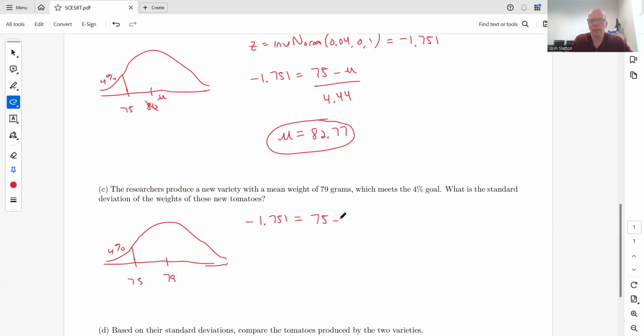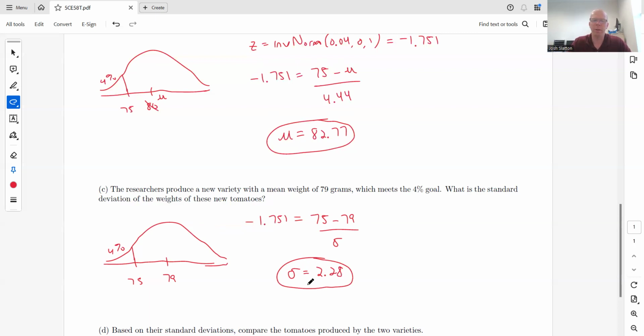So 75 minus 79 over the standard deviation, solve for sigma, and we get that sigma is, I did not write it down, so let me do that real quick, 2.28. So that is the standard deviation. If the mean is 79 and 4% are below 75, then the standard deviation must be 2.28.